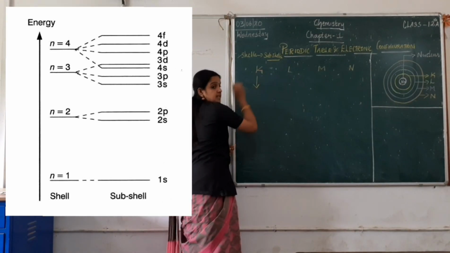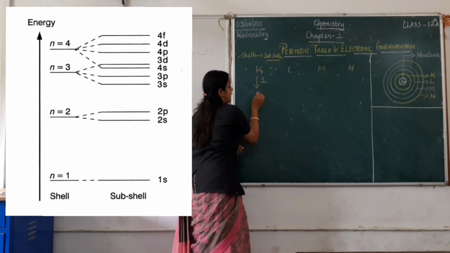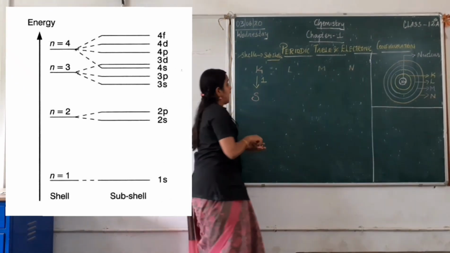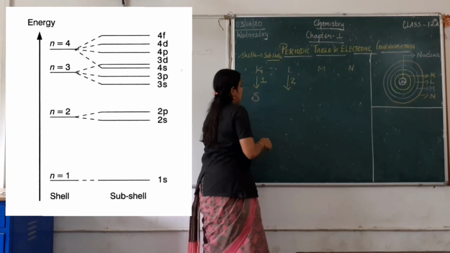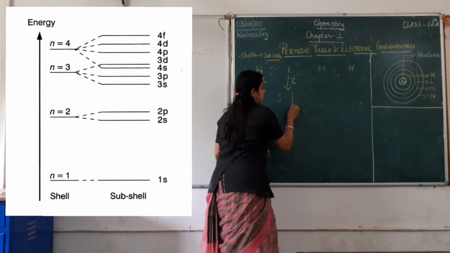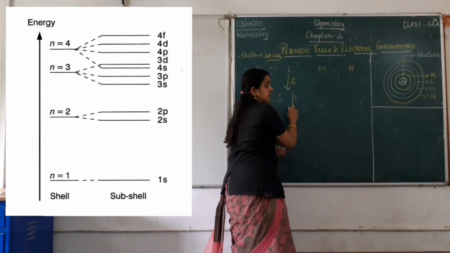Now, the K shell, being the first energy level, will have one subshell, that is s. The L shell, being the second energy level, will have two subshells, that is s and p. L shell has got s and p.